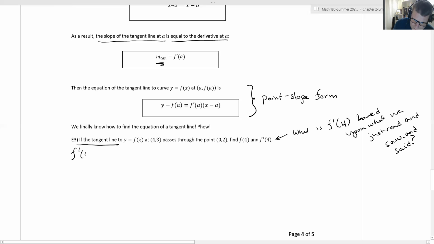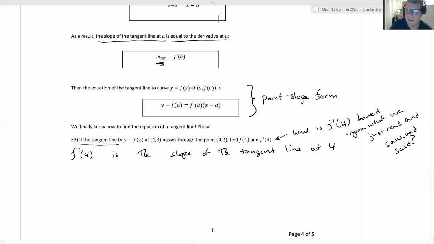F prime of 4 is the slope of the tangent line at 4. So slope of the tangent line at 4.